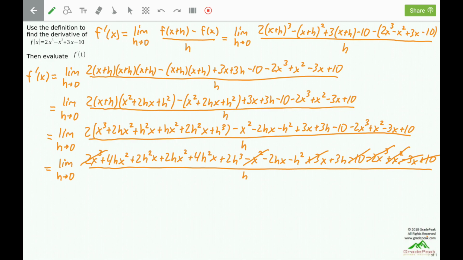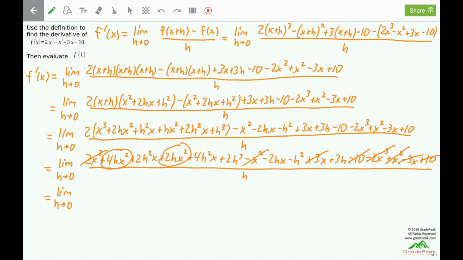The remaining terms, we should be able to combine some of them as like terms together, but all of them have h's in them, which is good because we're going to need to factor the h out. Let's see if we can locate any like terms in here. I have a hx squared here and an hx squared here.